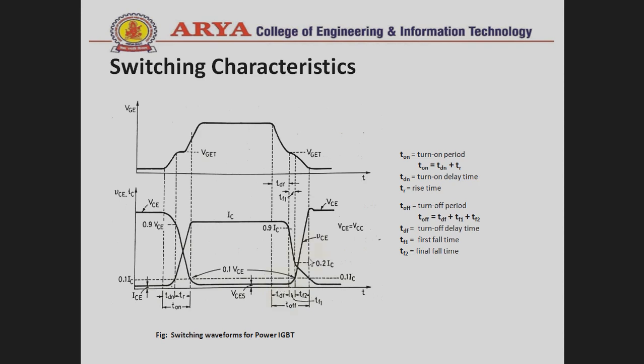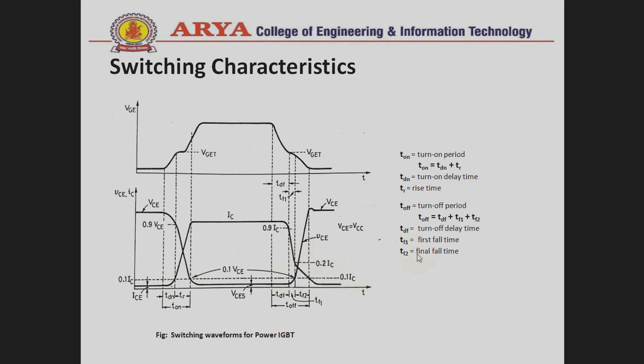Now in TF1, that is fall time 1, the collector-emitter voltage begins to rise and the collector current falls from 90% to 20% of its initial value.